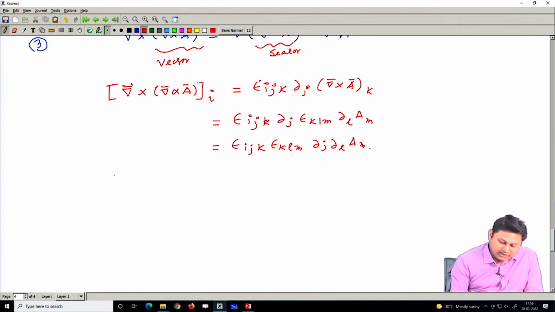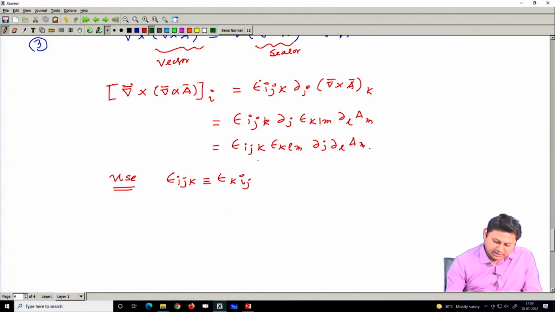Okay. So, now I use this relation, epsilon i j k is equivalent to epsilon k i j. I am going to use that here.